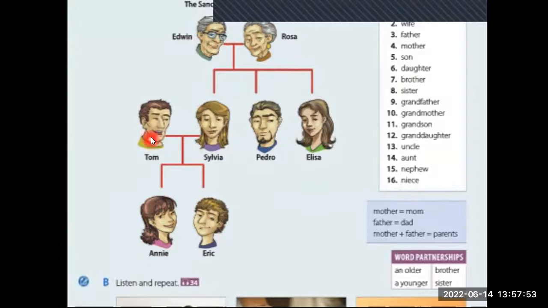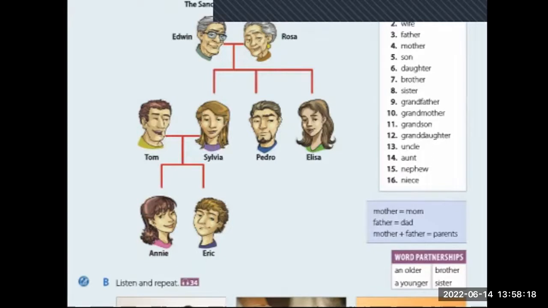Then there's another generation. And then there's the 3rd generation. So Rosa's daughter is Sylvia, and Sylvia's daughter is Annie. That makes Annie the granddaughter to Rosa. So Rosa is the grandmother to Annie.